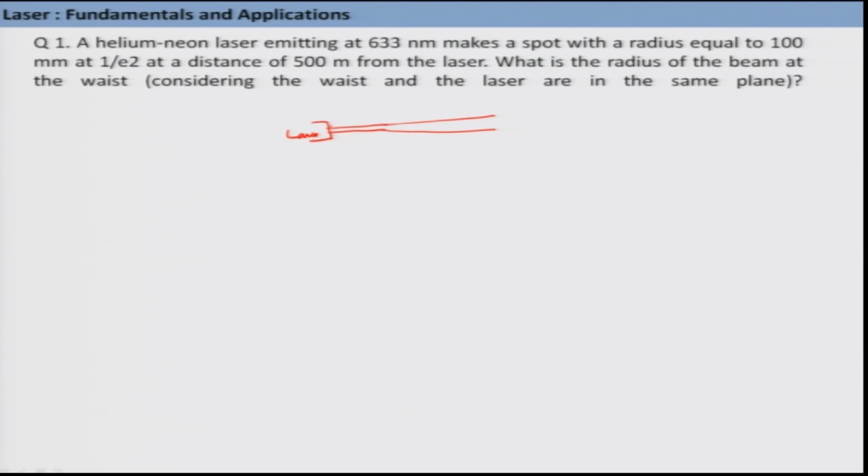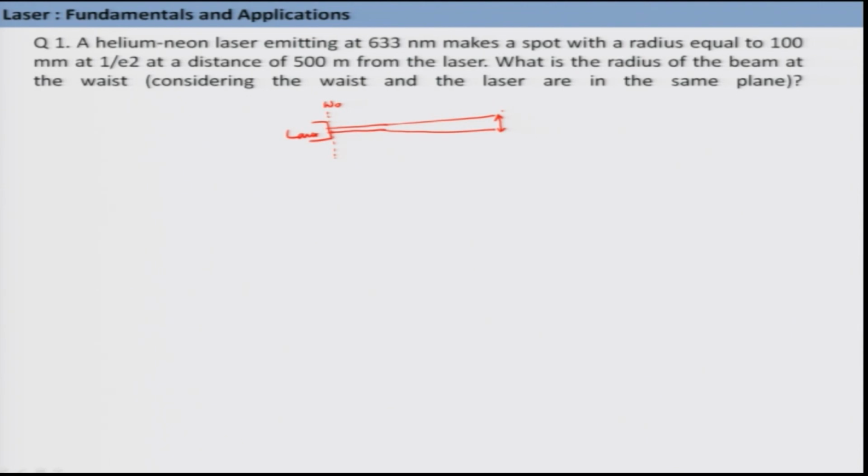So at the beginning, at this particular point, it would have a certain value for the beam waist, while here also it will have a certain diameter of the beam. So we are supposed to find out what is the beam waist.